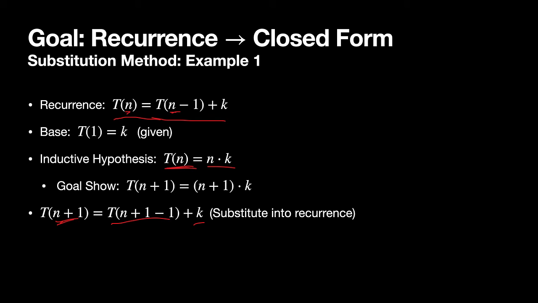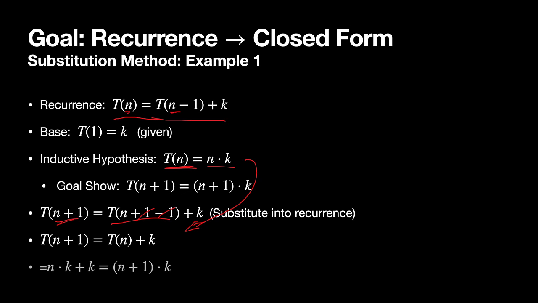Okay, simplifying that down, obviously the plus 1 and the minus 1 are going to cancel out. So the T of n plus 1 is equal to the T of n plus k. And now we can leverage our inductive hypothesis. And we know that the T of n, due to our inductive hypothesis, is n times k.